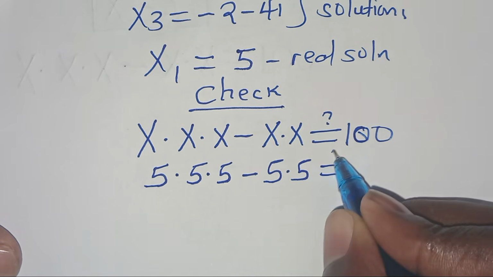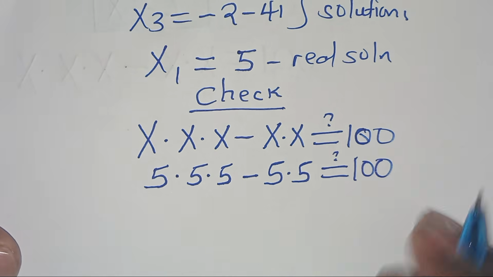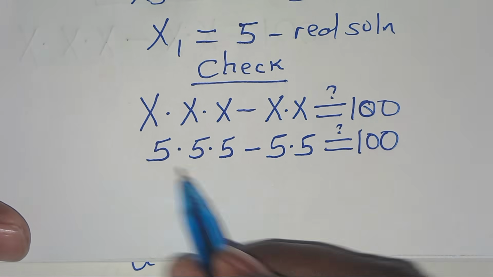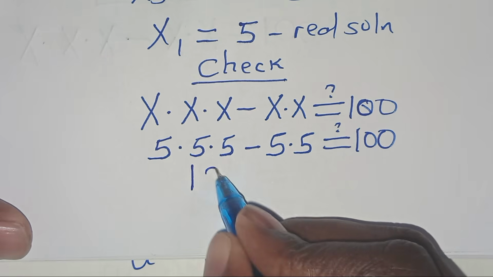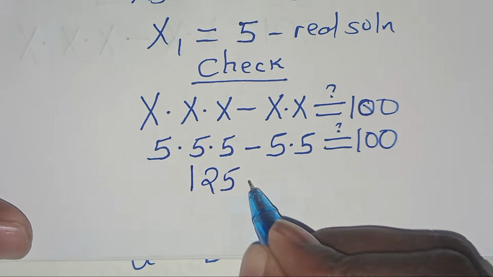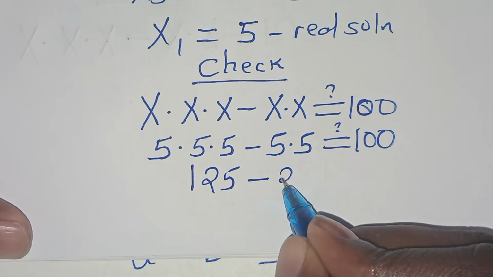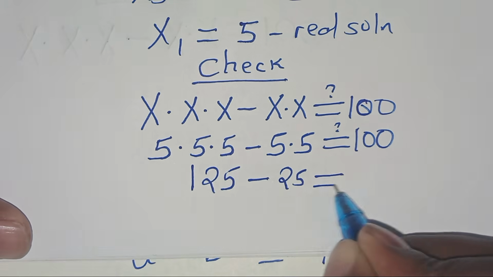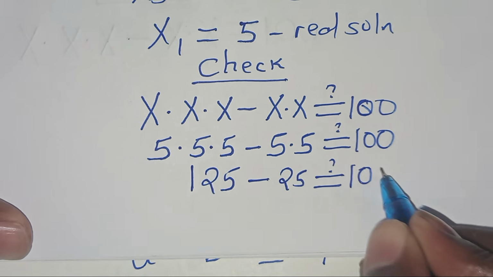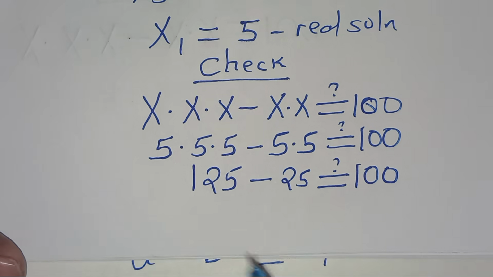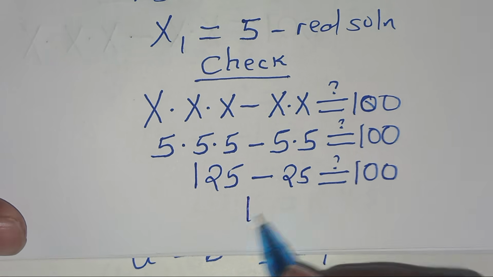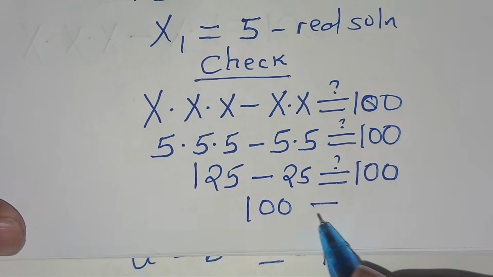This is supposed to give us a value of 100. So 5 times 5 times 5, this is 125. Subtract 5 times 5, which is 25. This is supposed to give us a value of 100.